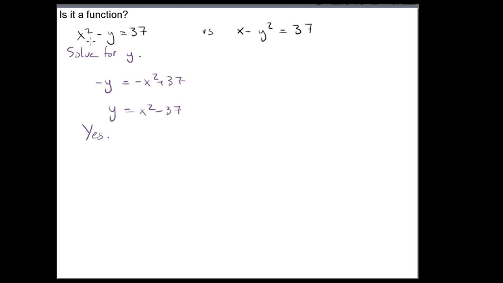Whereas over here, if we solve this, we're going to have negative y squared is equal to minus x plus 37. y squared is equal to x minus 37. And then we take the square root, and we get that y is equal to plus or minus the square root of x minus 37. That's a problem.